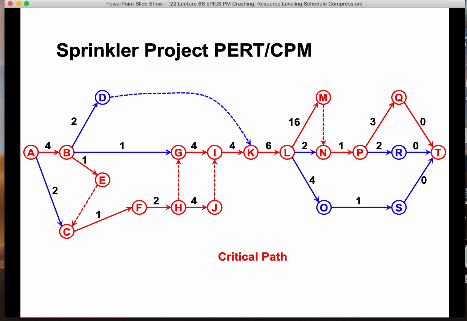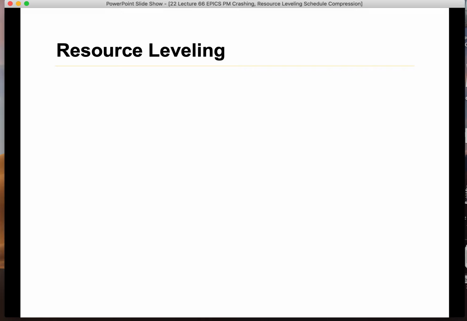What is the slack time on these red arrows? And if something happened, like if you're late on one of the activities, what happens to the project duration? And if you are late on one of the blue arrows, which are not on the critical path, then what happens to the duration of the project? So you know all these things.